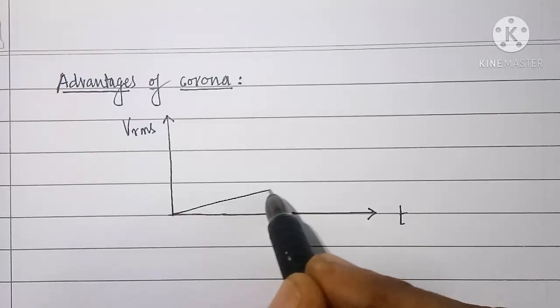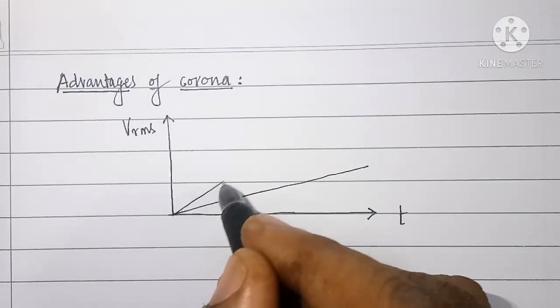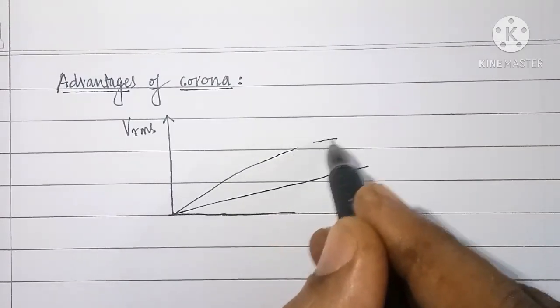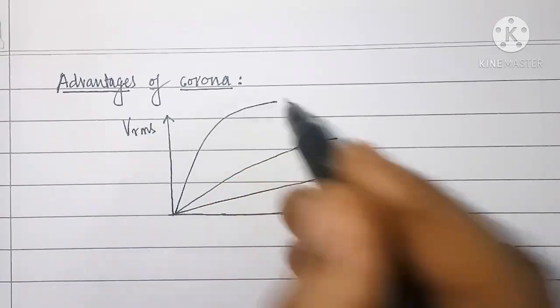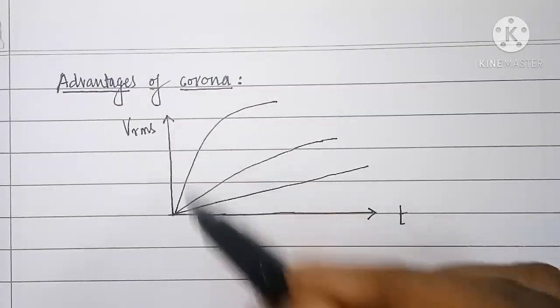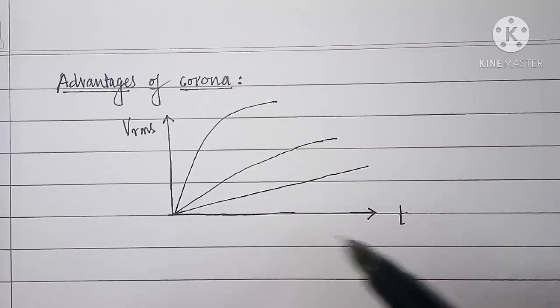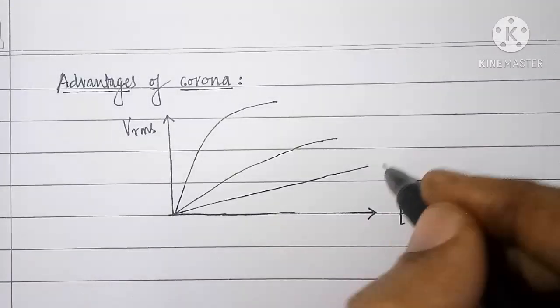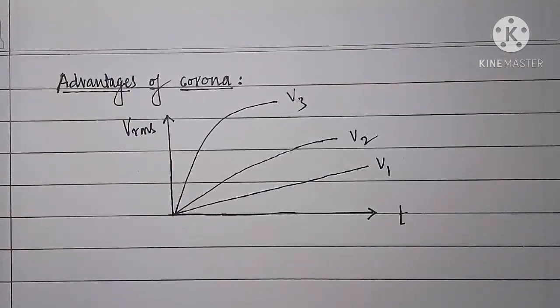The voltages may slowly increase like this, or this way, or this way. Say this is V1, V2, V3.